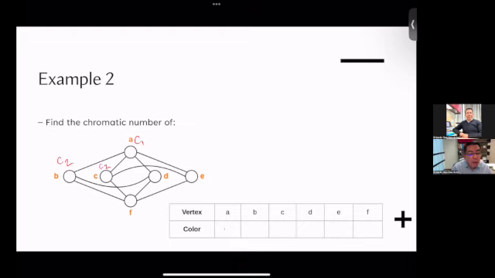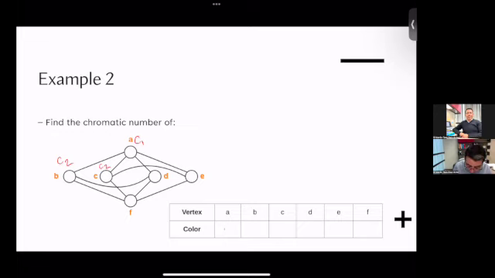Then I move to D. I cannot use C1 because D is connected with A. I cannot use C2 because D is connected with B. So I will need to use a third color.